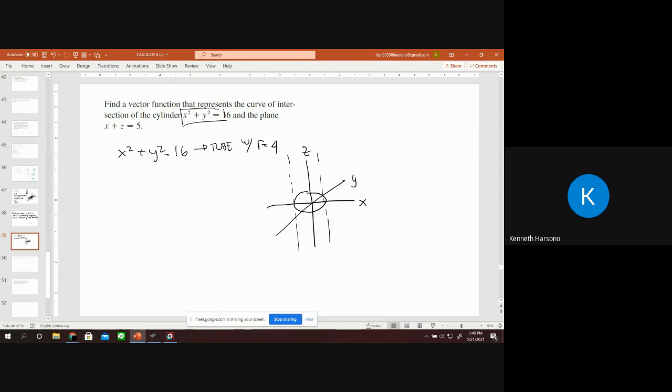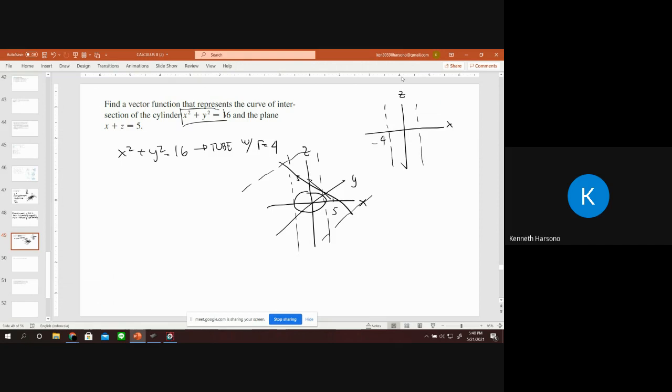And this one is cut by the plane where x plus z is equal to 5. So this one maybe is 5 here. And this cylinder is cut by this plane. To draw it in the x and z plane here, that's again 2D. X and z, you get a line here.